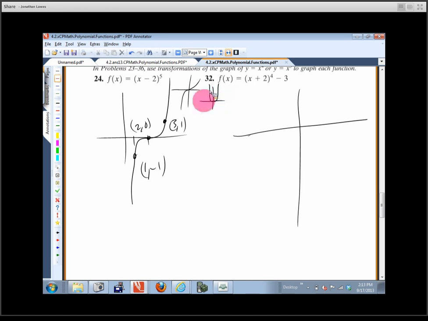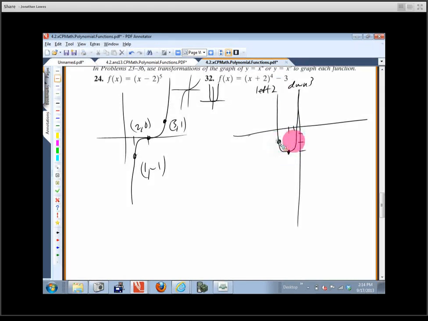Okay, take this shape, which kind of looks like a parabola, but it's a little steeper on the outside and flatter in the middle. And what are we going to do with it to make this shape? So left 2, down 3. So it's going to look something like this.